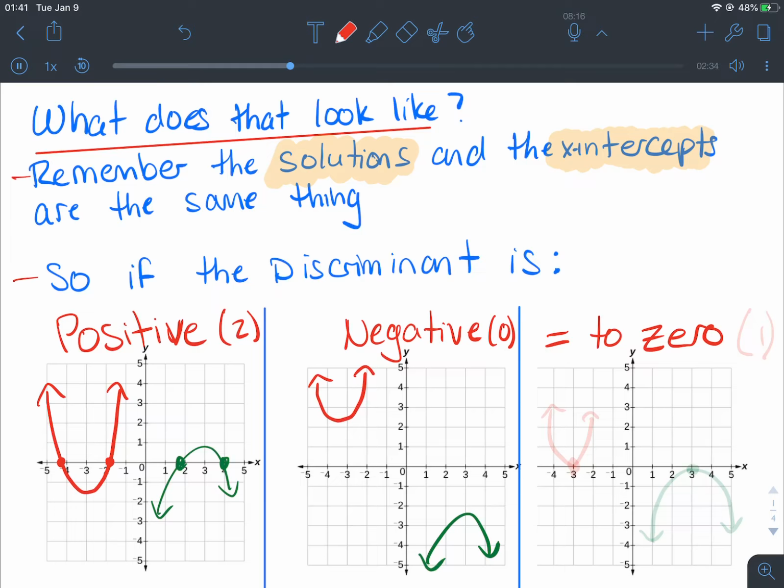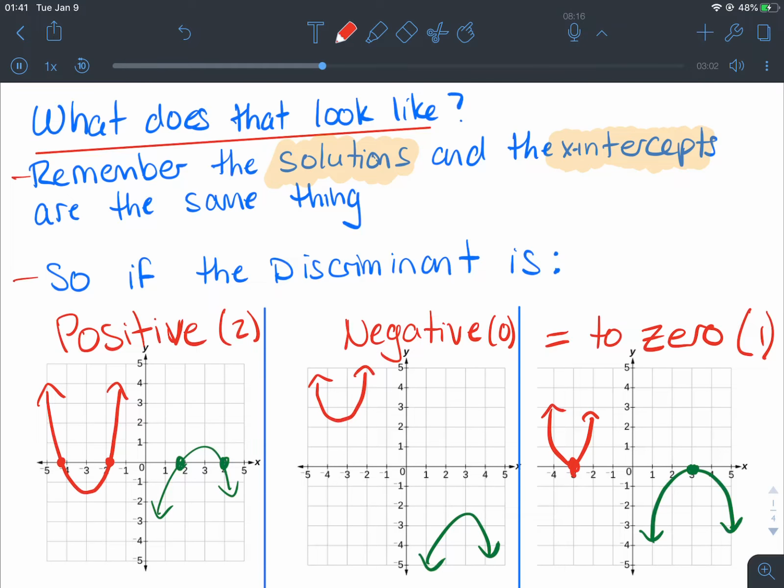If it's equal to 0, we only have one solution. That means there's one x-intercept. So it could look something like this, where you have a solution there, or it could look something like this. It's endless the amount of possibilities we have. But ultimately, that's what it looks like when you put it on the graph.